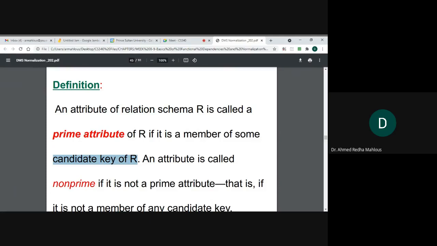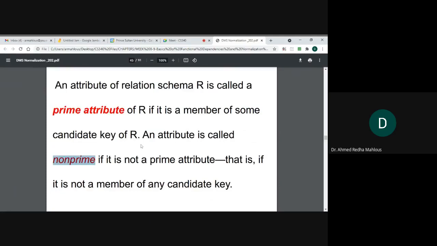The car number plate or car chassis number, for instance, can both be considered candidate keys. They can be chosen as a primary key. And an attribute is non-prime if it is not a member of a candidate key.